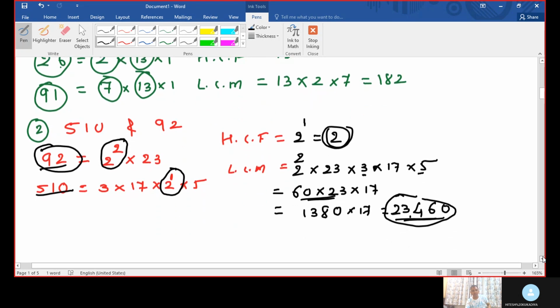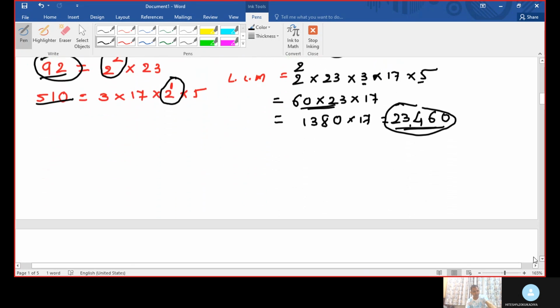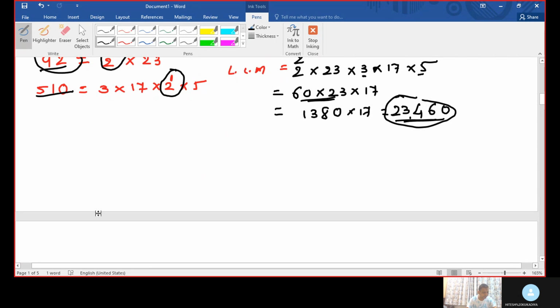Now we discuss the third question. The third question is 336 and 54. So factorize 336. We can't write directly here, no problem, so factorize here.